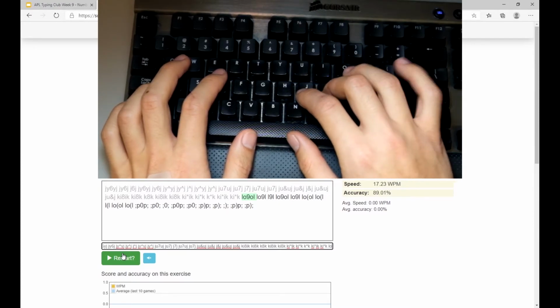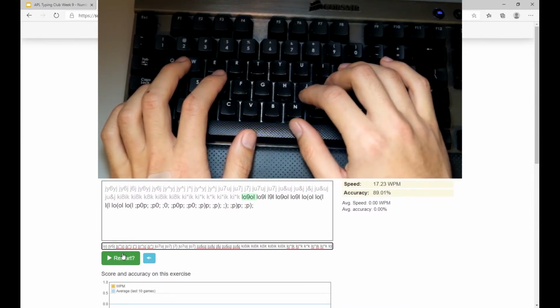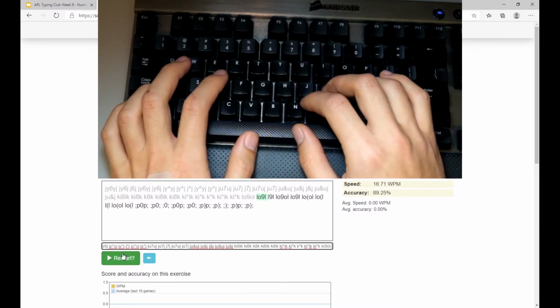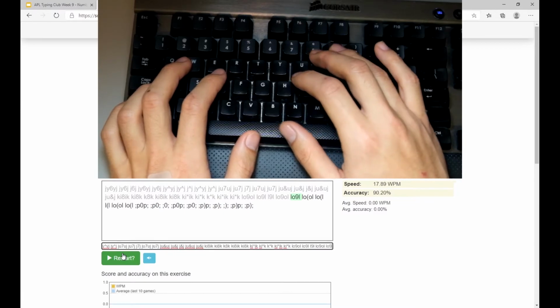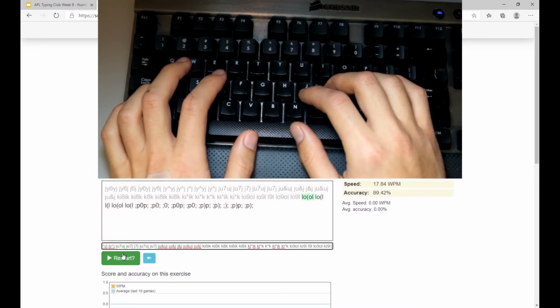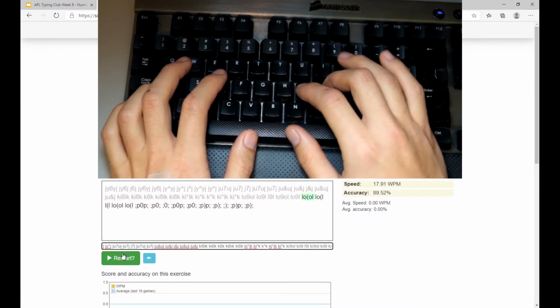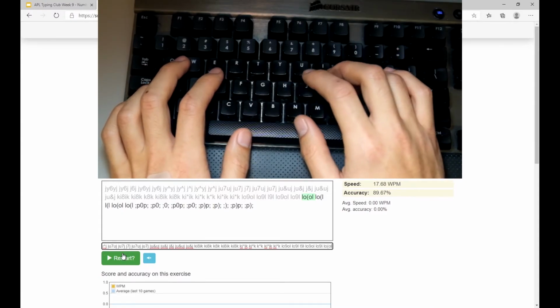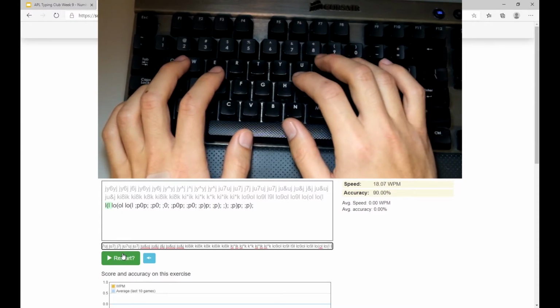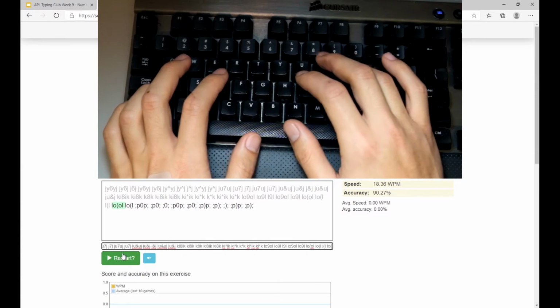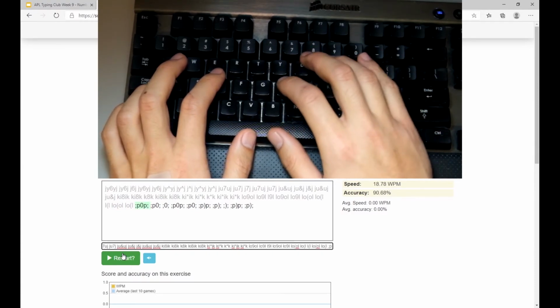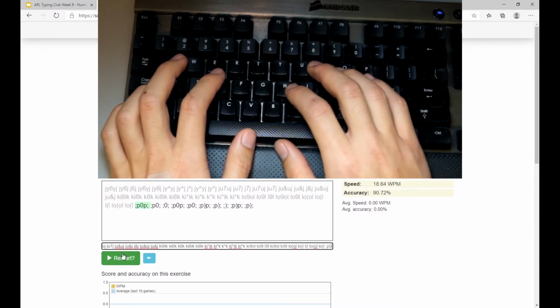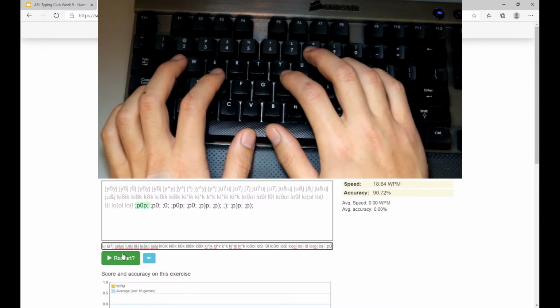And the right fourth finger is responsible for the number 9, and also for the left parenthesis key. And the pinky is responsible for the number 0.